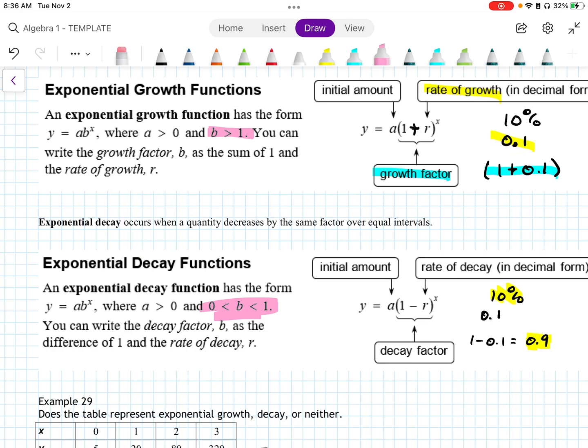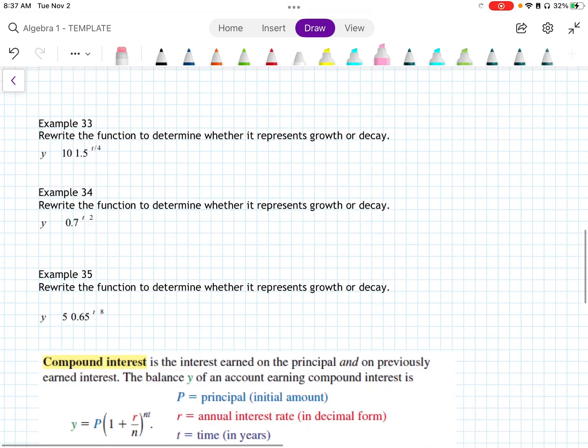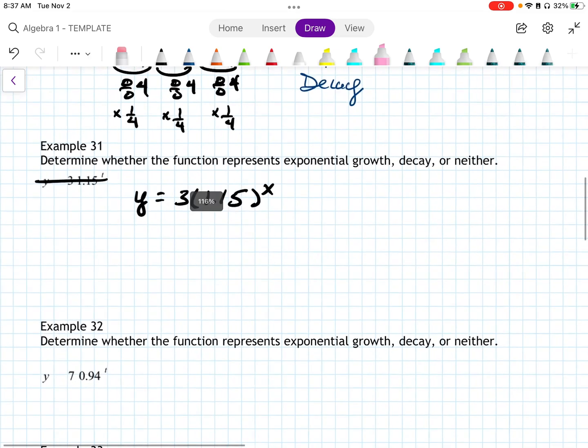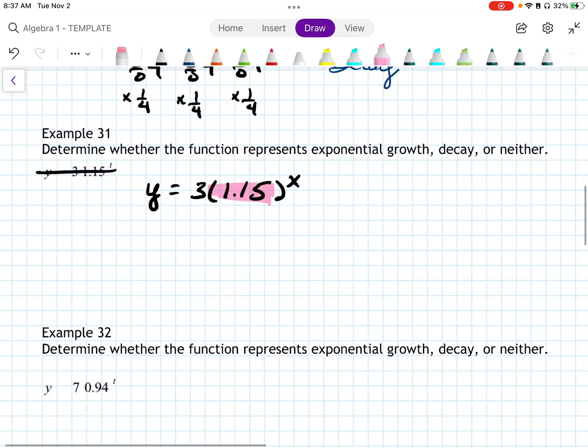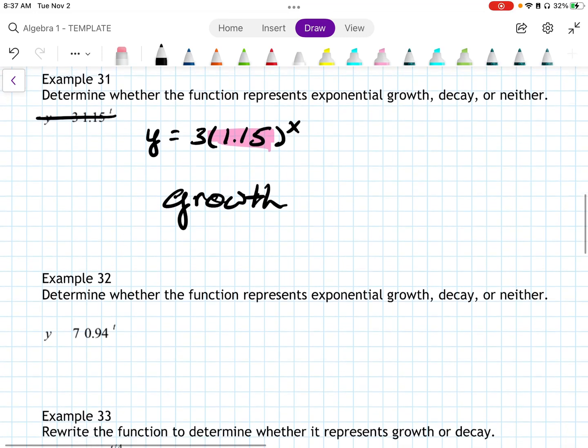That's the only thing that you need to look at. Here we look right there, b is greater than 1, right? 1.15 is larger than 1, so this is growth. If you wanted to think about it, this would be a 15% increase, right? 1.15 would be a 15% increase.